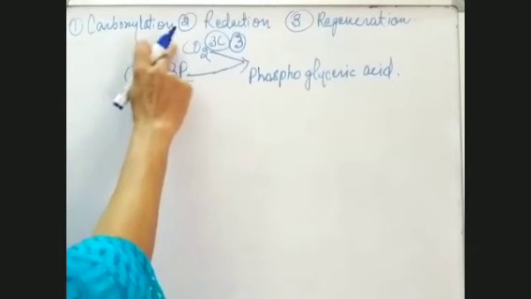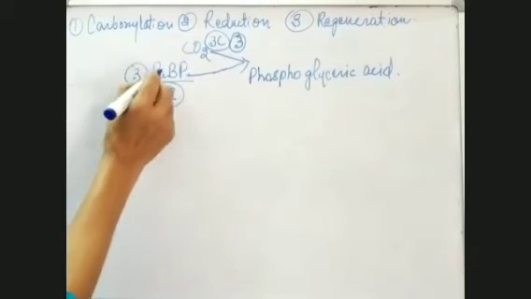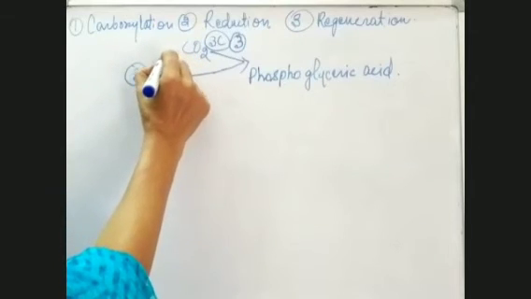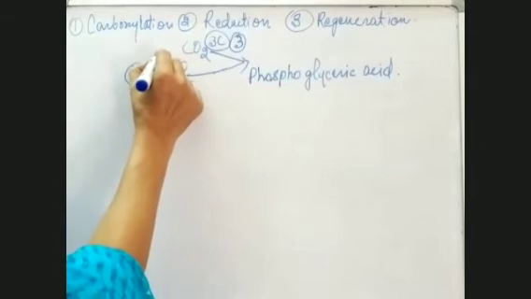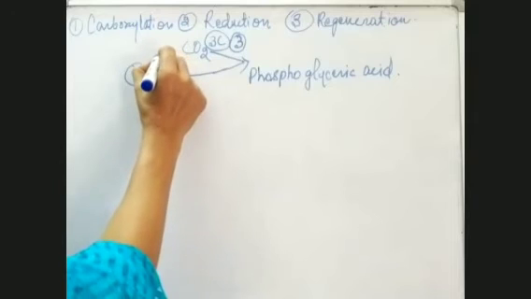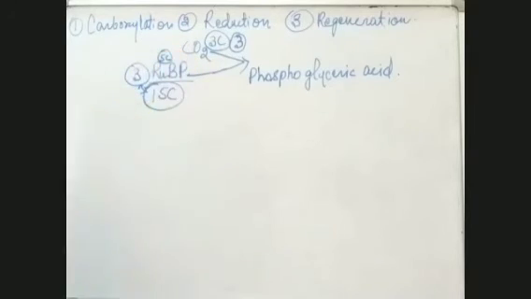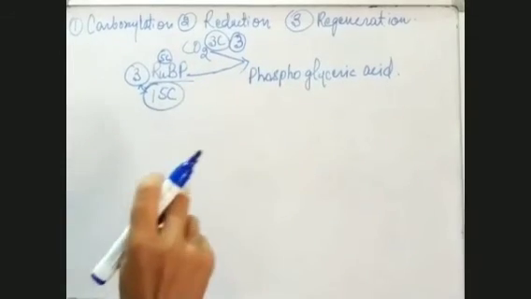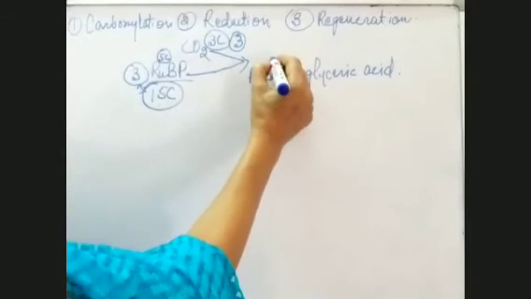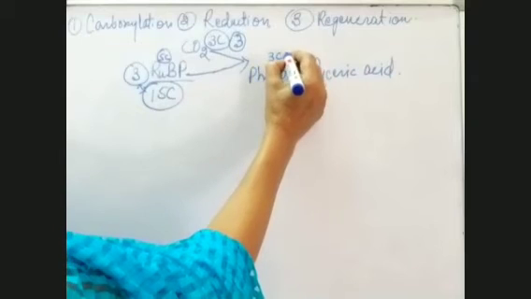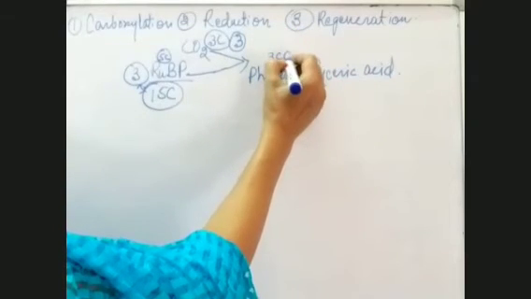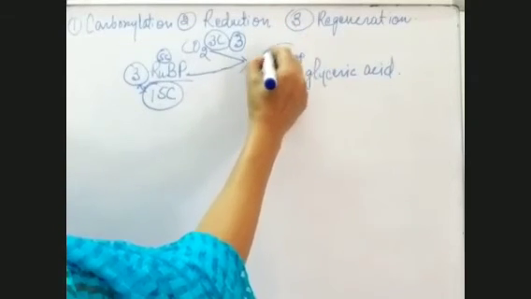Each RuBP has 5 carbons. 5 into 3, 15. Now phosphoglyceric acid is a 3 carbon compound.